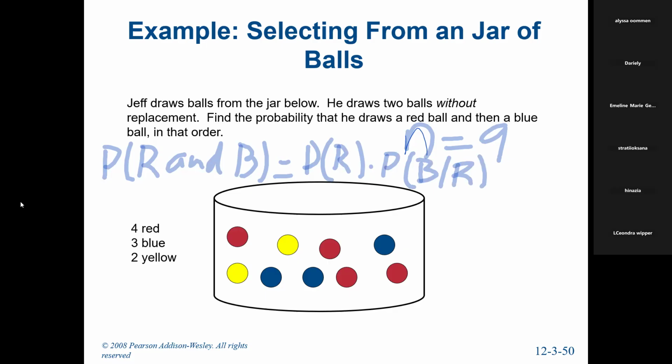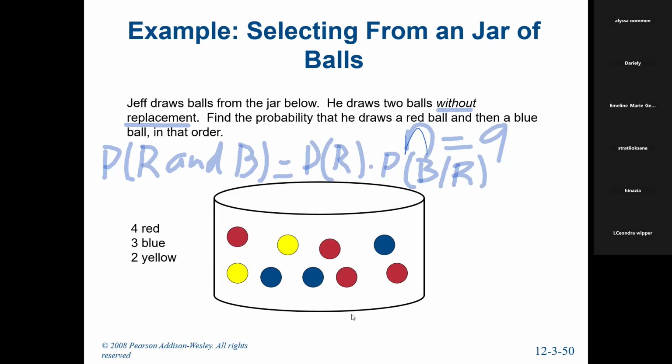Now, because this is a keyword here, without replacement. So when Jeff draws the ball, he does not put the ball back in the jar.